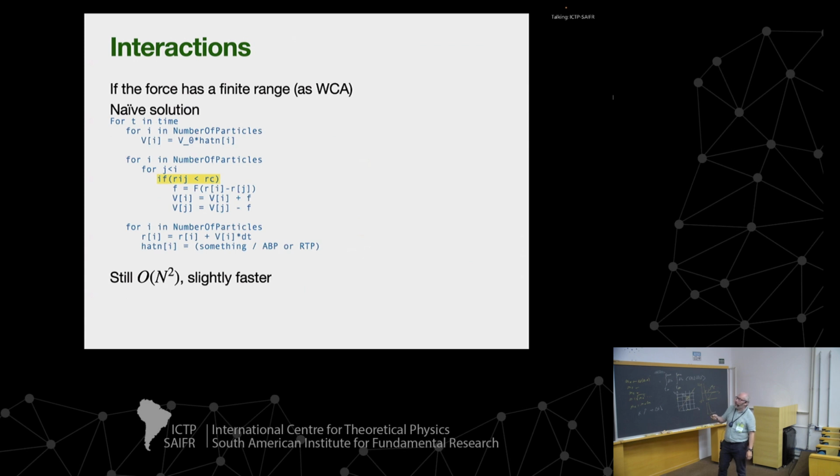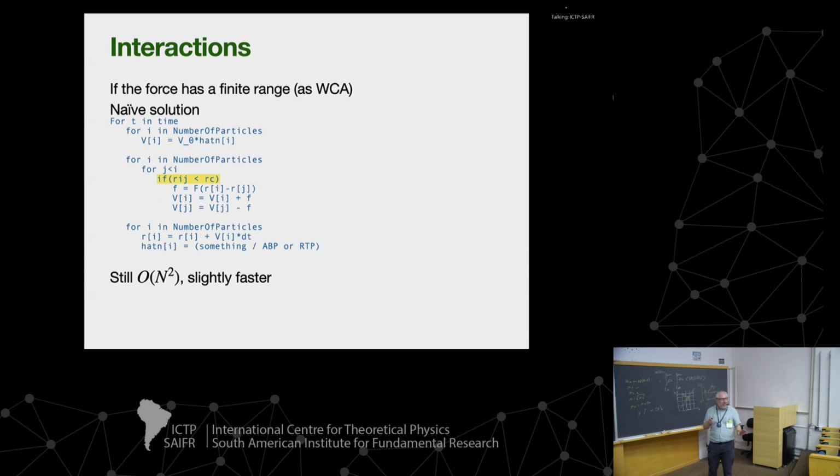I'm not going to repeat the algorithm, but you run over all the particles and all partners, and before computing the force, you check that the distance between the two particles is smaller than the cutoff. So you avoid computing the force for all possible pairs. It's a good decision, but still you have to compare all pairs to see if they have the proper distance. So the algorithm is still order n squared.